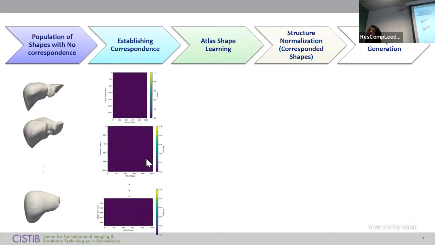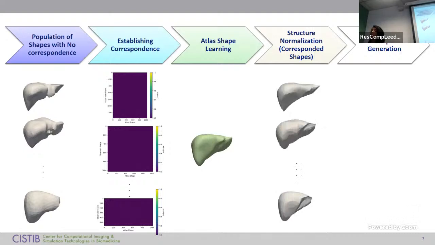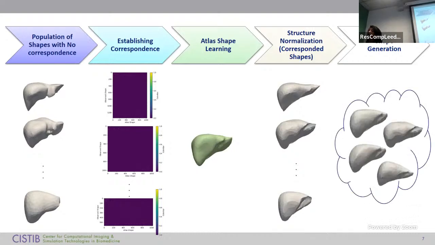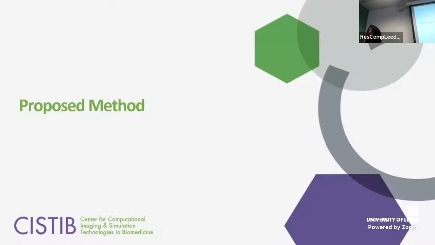So we will present an attention map between each sample of training data and a template, and our algorithm can also learn an atlas shape for the whole population of data. Then we will find the correspondence between the shapes, and then we will use a generative model for synthetic data generation.